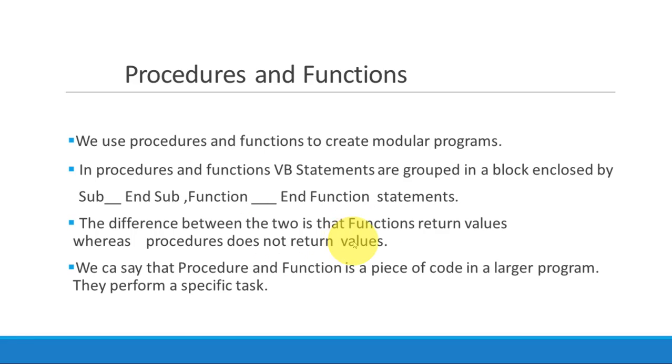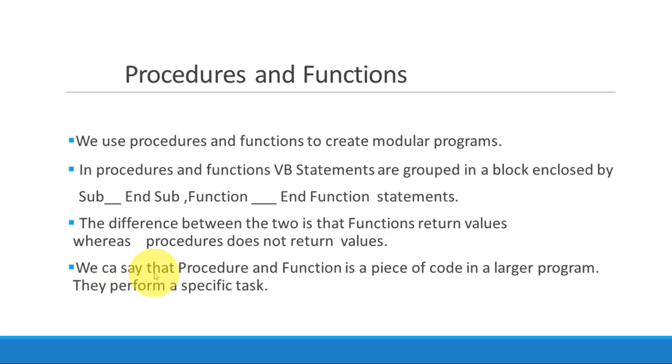If you double click the button, you will get a code window, and in the code window we will get this format, Sub and End Sub, and within it we will write code. Similarly we get the Function format, and we code inside it. Whenever there is a Sub, it ends with End Sub, and a Function always ends with End Function.